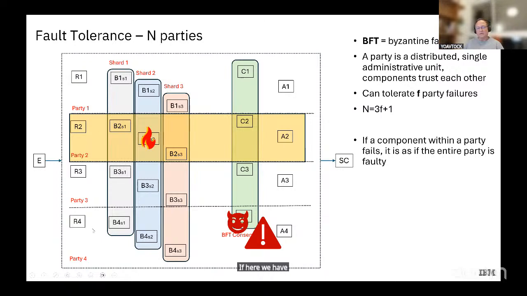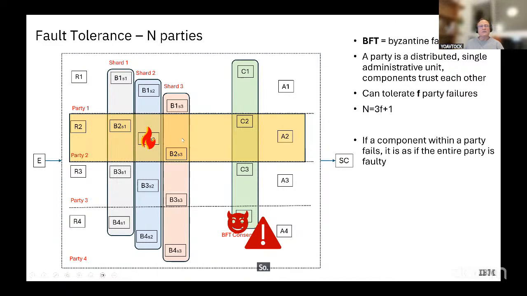In this example, we have 4 parties, so we can tolerate 1 party failure. However, it's important to understand that for the correctness and the proofs, we consider a party as failed if some component within the party has failed. So if a component within a party fails, it is as if the entire party is faulty.